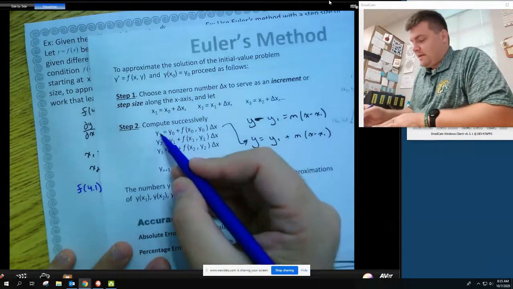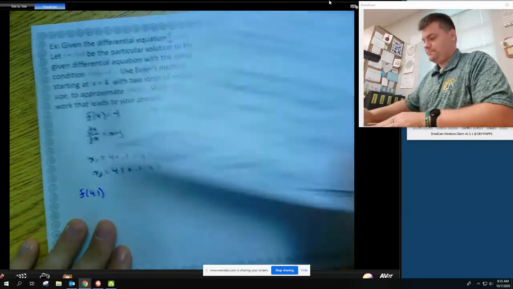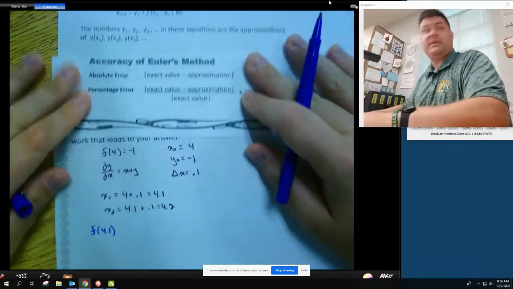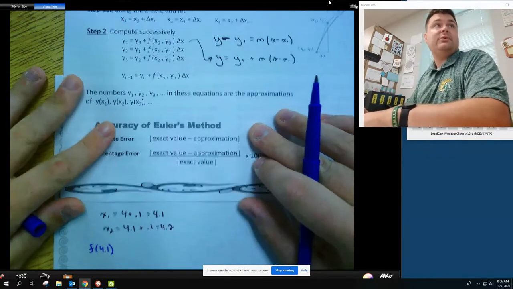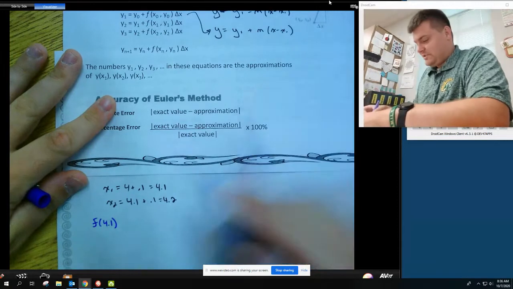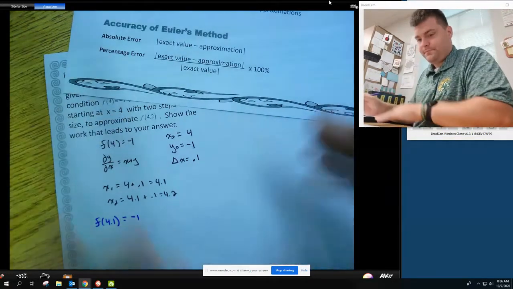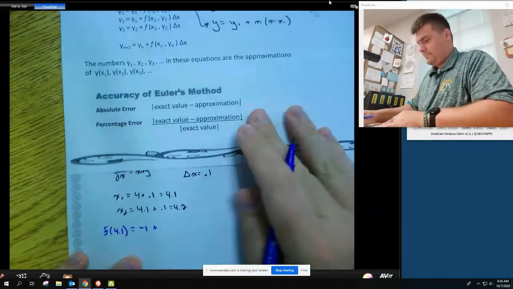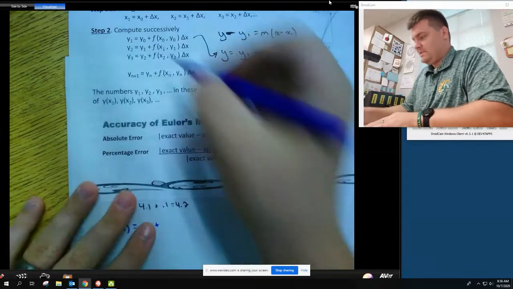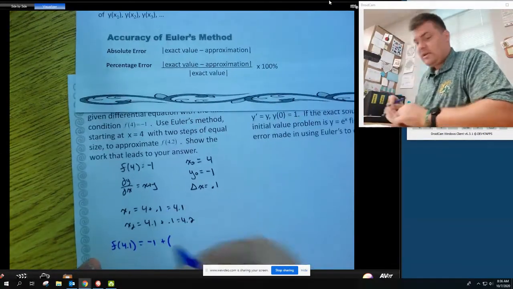Now to find my y1, I take my initial y, which is -1, plus my function, my dy/dx, which is x plus y.